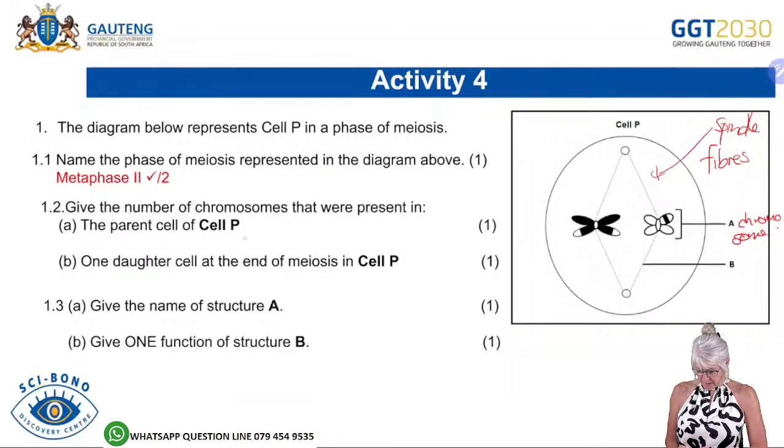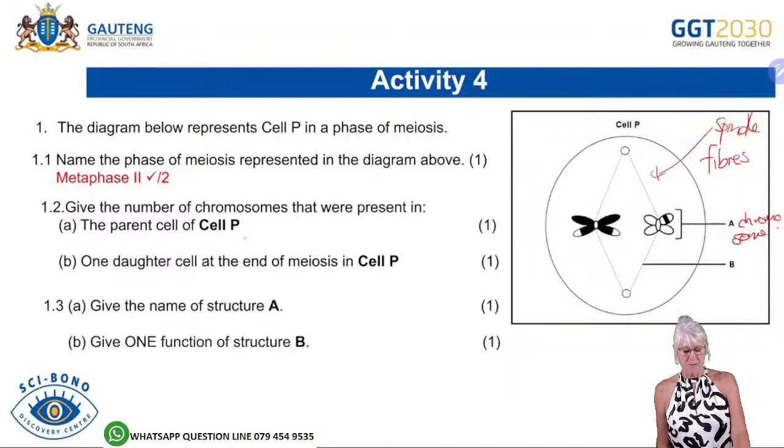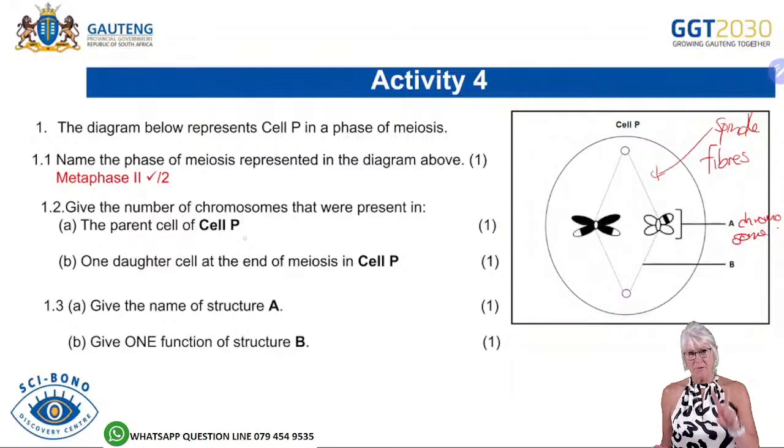Now remember, this sometimes becomes a difficult question, or learners often think it's a difficult question, but in fact it's not. So if I have 2, this is meiosis 2 already, so if I have 2 chromosomes in the cell during meiosis 2, remember meiosis is called reduction division.